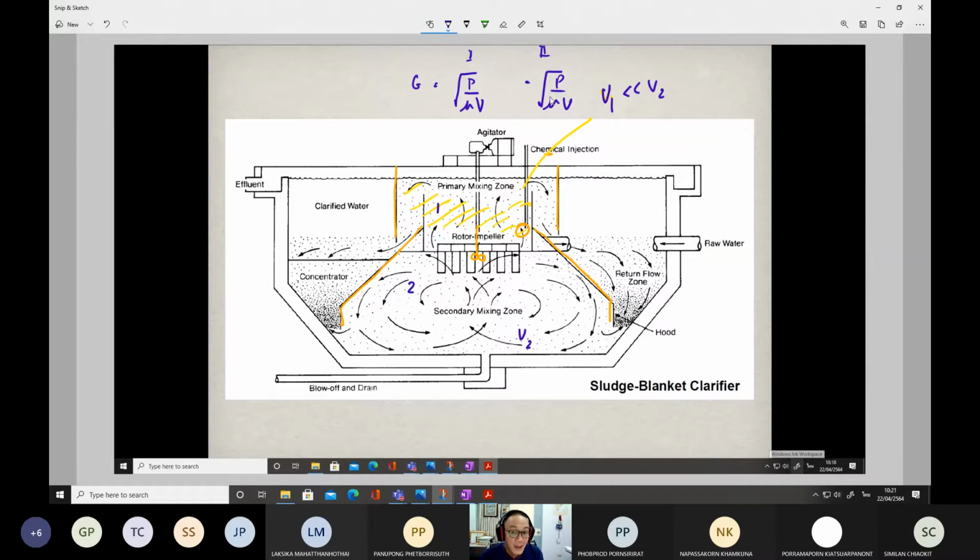The power remains unchanged in the first and second compartments.